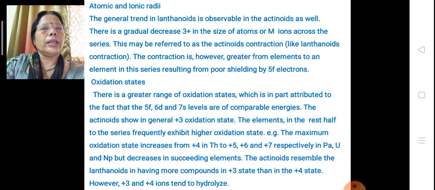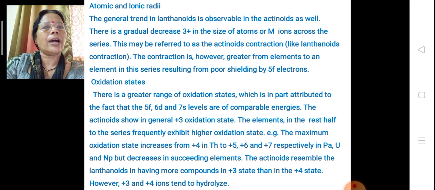Oxidation state. There is a greater range of oxidation states, which is in part attributed to the fact that the 5f, 6d and 7s levels are of comparable energies. The actinoids show in general the +3 oxidation state. The elements in the first half of the series frequently exhibit higher oxidation states.